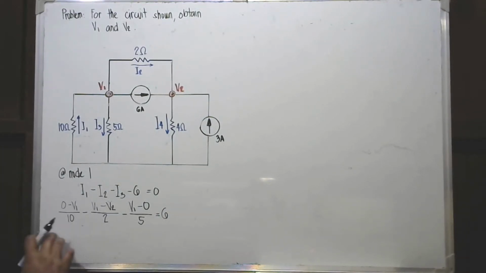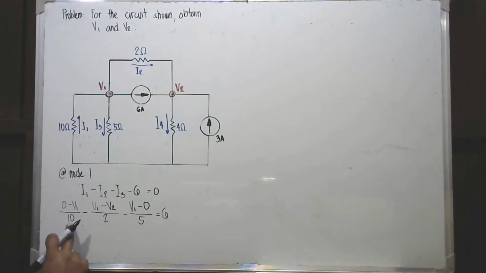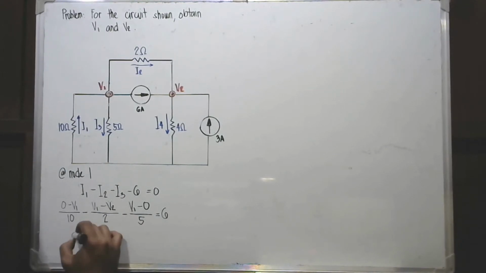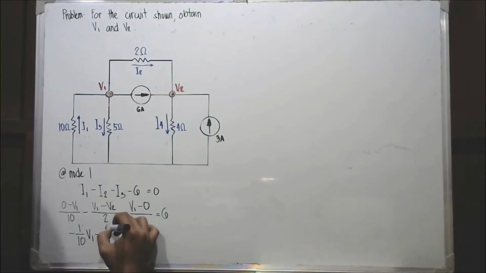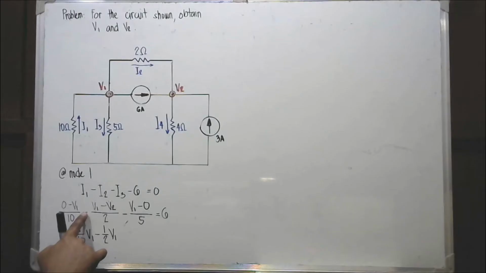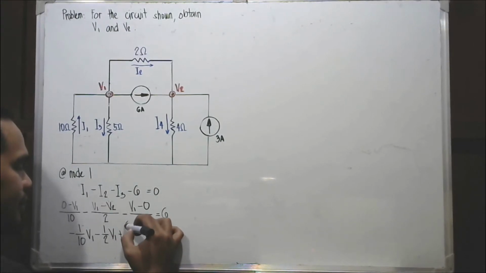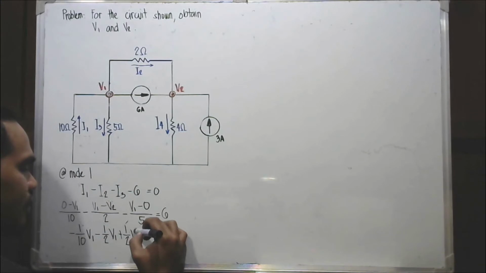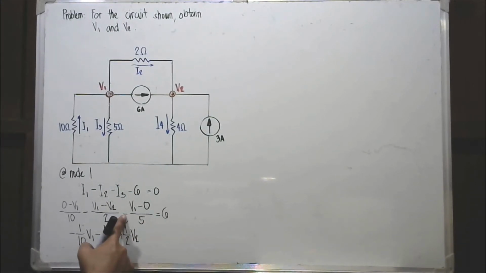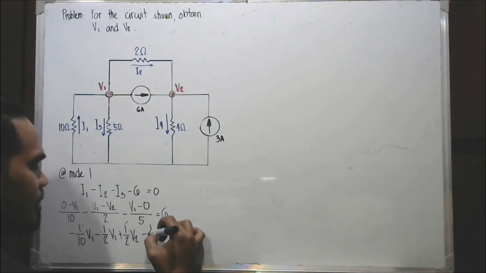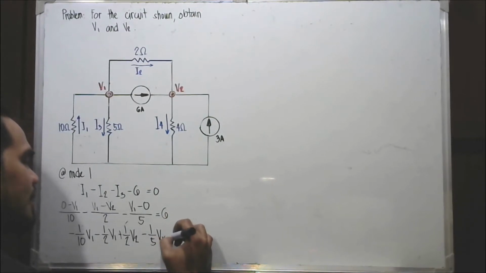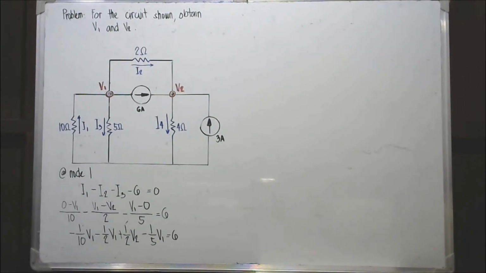Then simplify the equation, so you have 0 over 10, 0, so this is negative 1/10 V1, minus 1/2 V1, negative times negative, so you have plus 1/2 V2 minus 1/5 V1 is equal to 6.